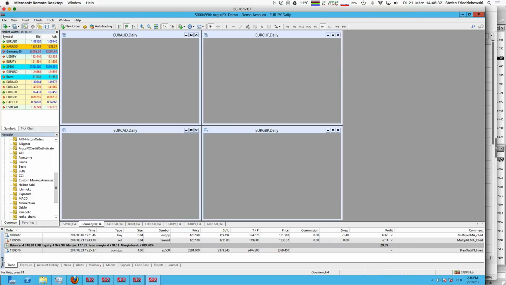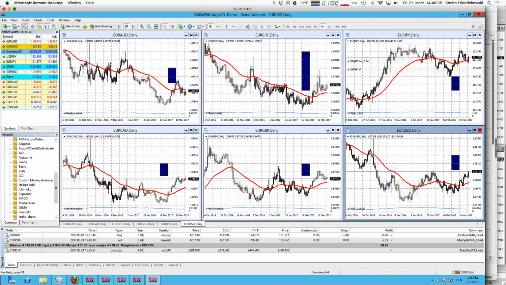The difference compared to the profile of last week is simply that I have changed the time frame to D1, and you might remember that we have introduced that blue box, or the blue rectangle here, and the function of that blue rectangle is that we can scale all the 6 charts in the same way.